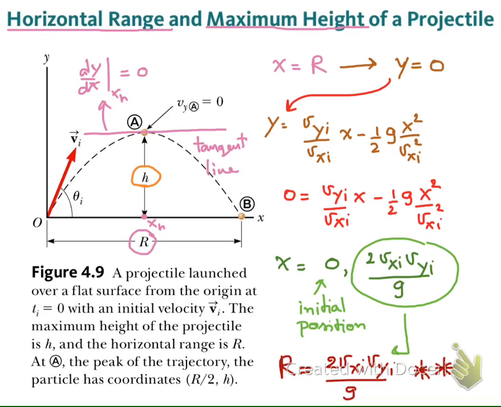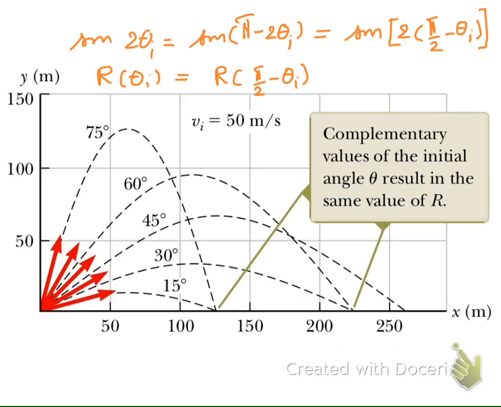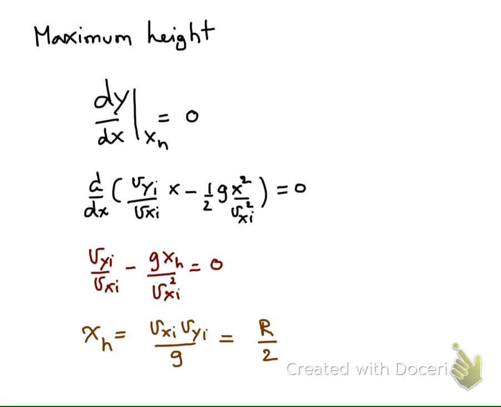So we can use the symmetry to estimate that xh should be at the middle, equal to half of R. And we also get that from our calculation.